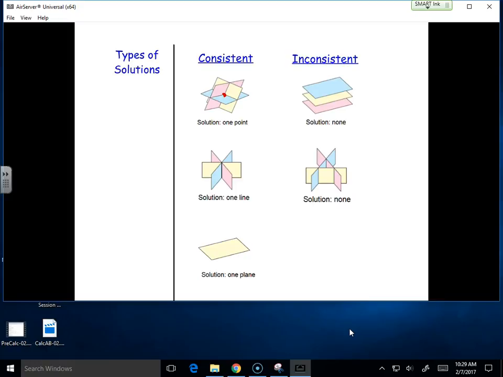We could get an entire line of solutions because all 3 planes intersect in one line, which is still infinitely many, but restricted. Or we could have a plane where they're all on top of each other, and so all solutions, infinitely many, non-restricted.